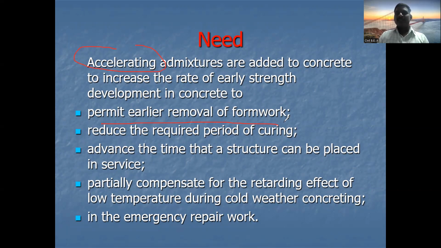There are some standard days provided in our IS code. For a slab we are not removing the formwork before 14 days, or not less than 21 days in some cases. But if we use accelerating admixtures, we can permit removal of formwork in early days.